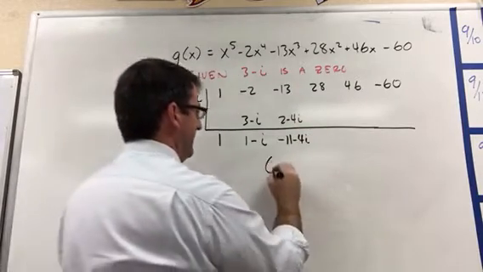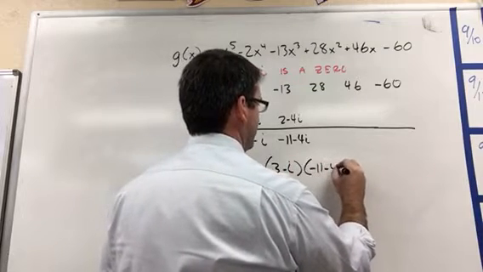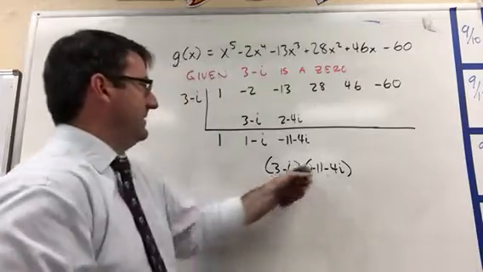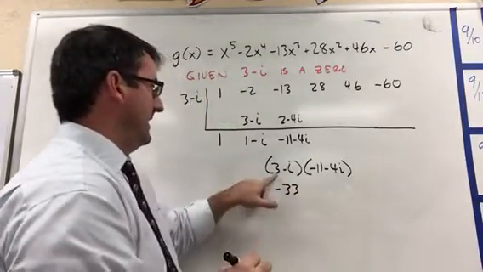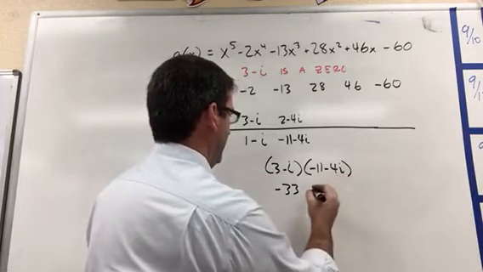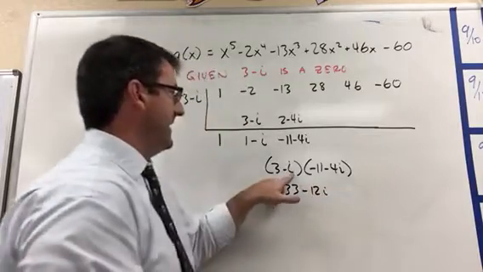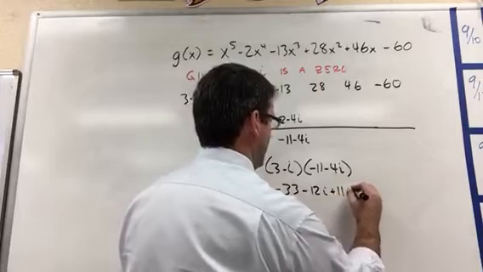Now we've got to multiply 3 minus i times negative 11 minus 4i. 3 times negative 11 is negative 33. 3 times negative 4i is negative 12i. Negative i times negative 11 is positive 11i.